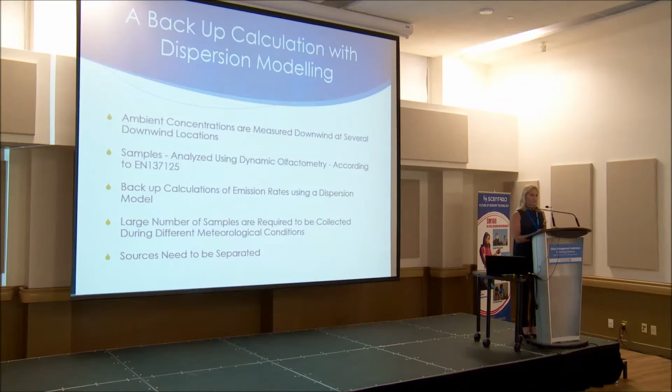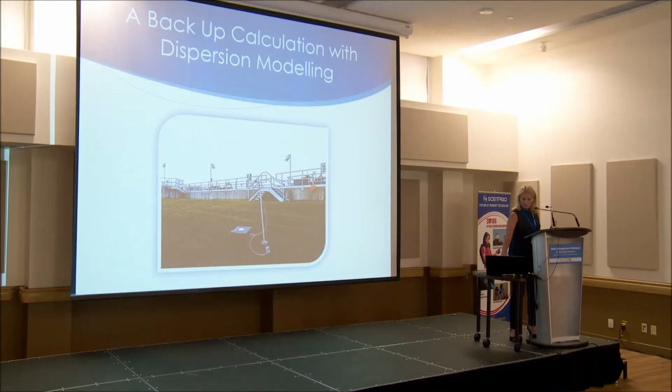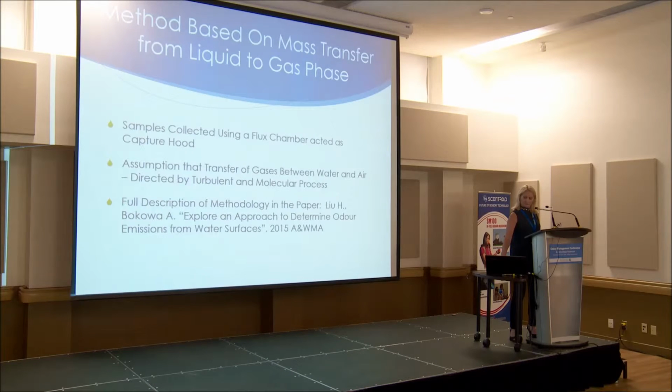For that method, a large number of samples are required, and you also need to make sure that different types of area sources are not in line for specific wind directions. That's the setup for the backup calculation, meaning ambient sampling, and later on use of the dispersion modeling.